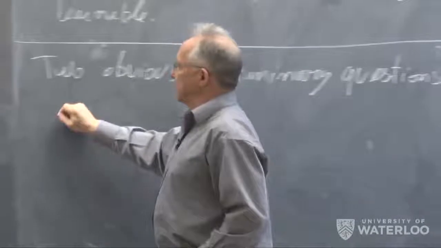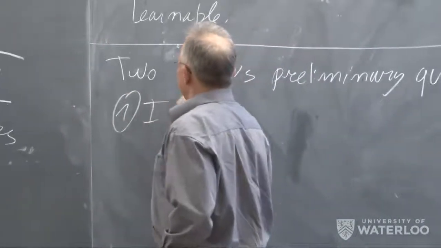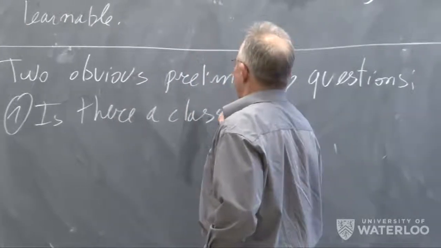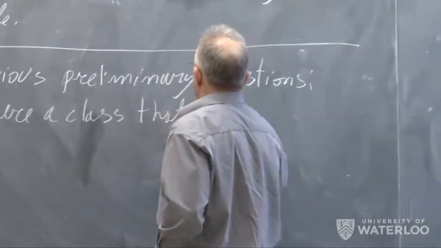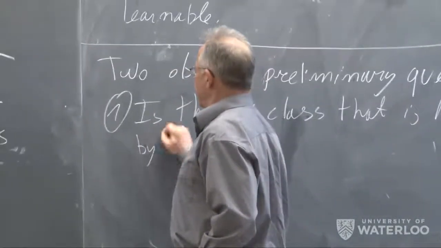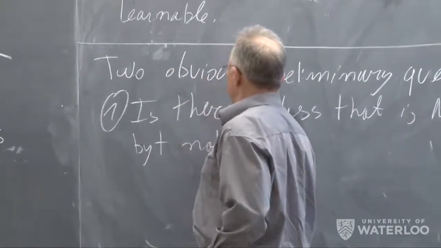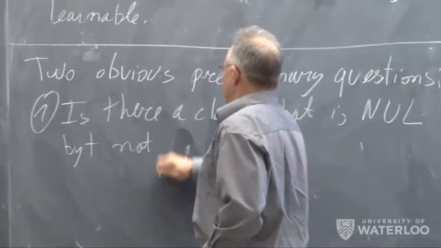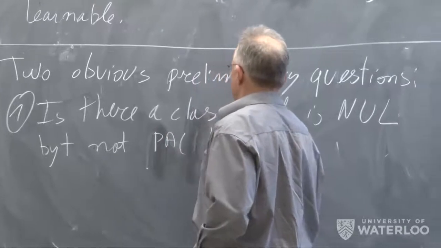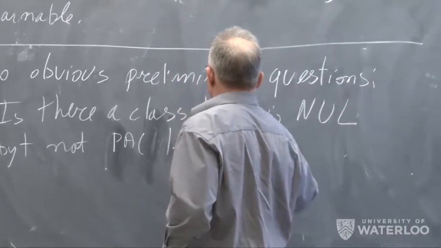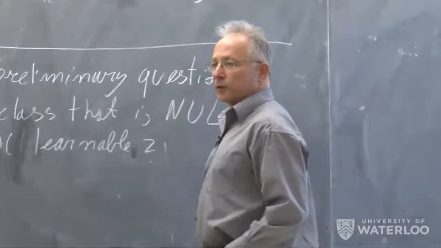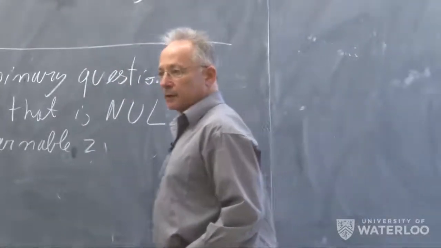One is, is there a class that is non-uniformly learnable but not agnostic, but not, say, PAC learnable? Does it buy us anything new? Maybe I relaxed the definition, but it didn't give me any advantage.